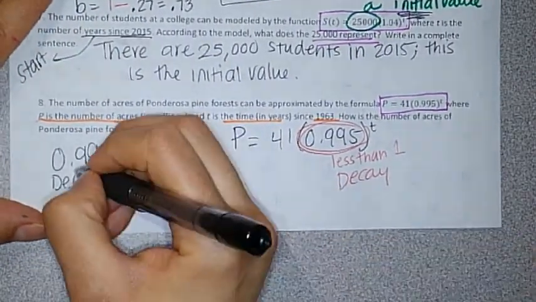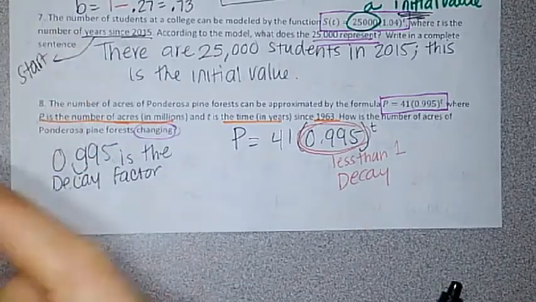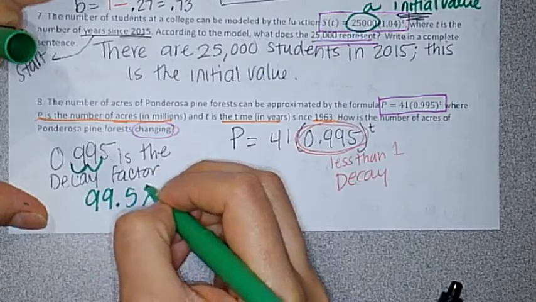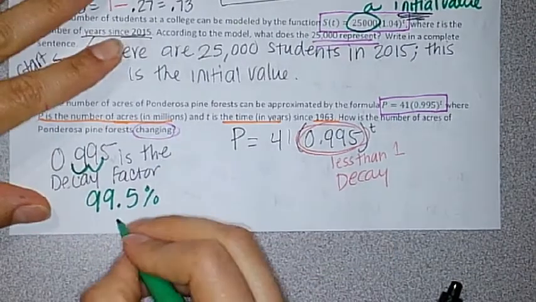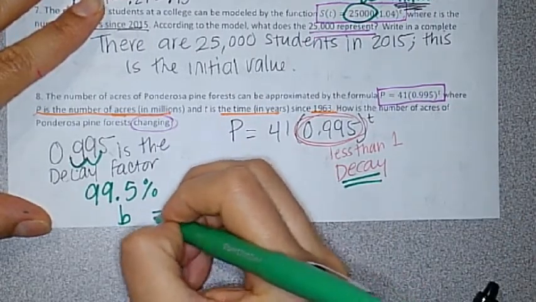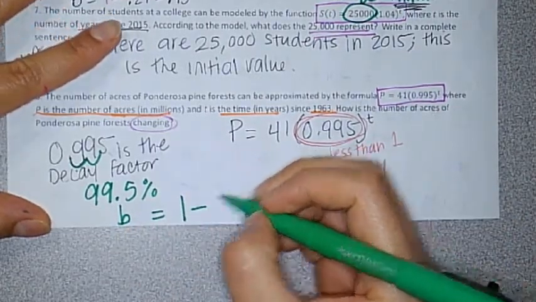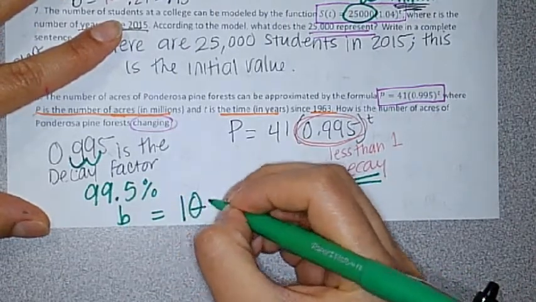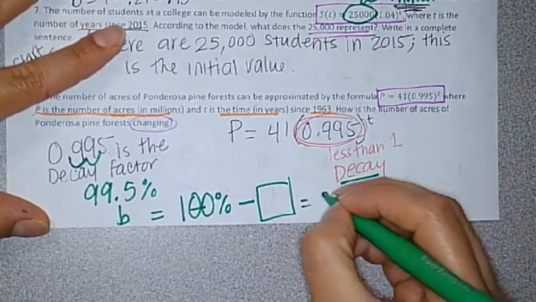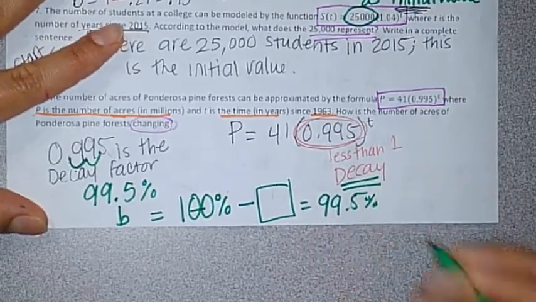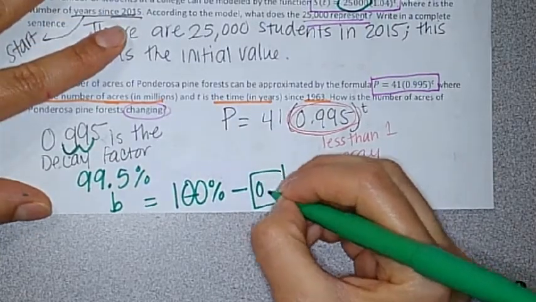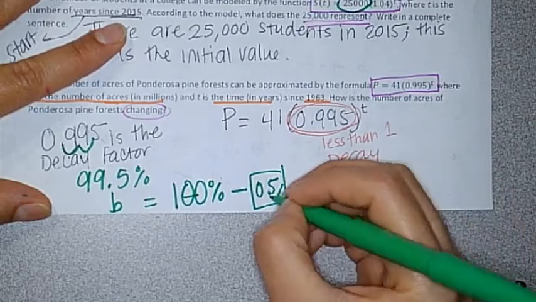In percent, 99.5%. This is my B. Because this is decay, I got my B by doing 1 minus, or in this case, as it's in percent, 100% minus what I'm looking for, and I got the 99.5%. So that means that what I'm missing is that 0.5%.